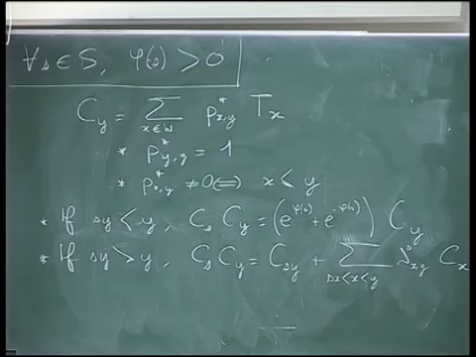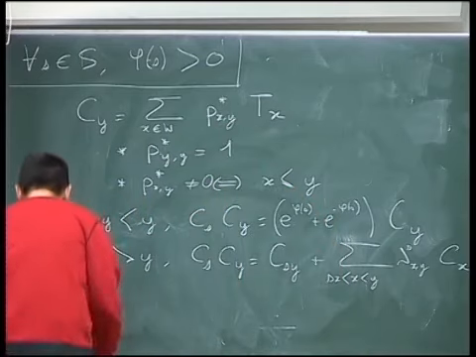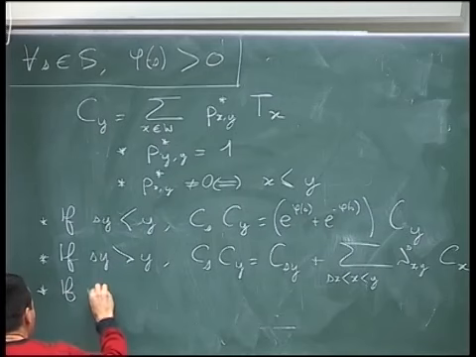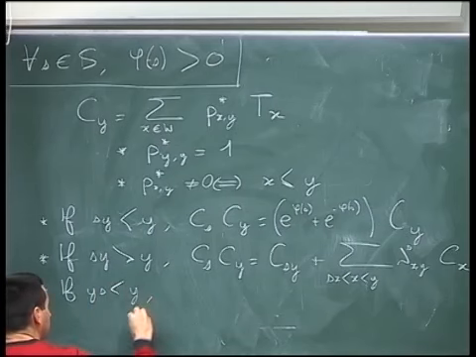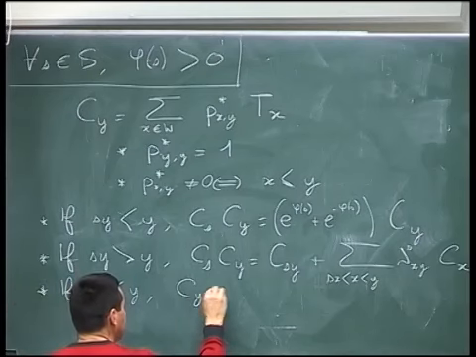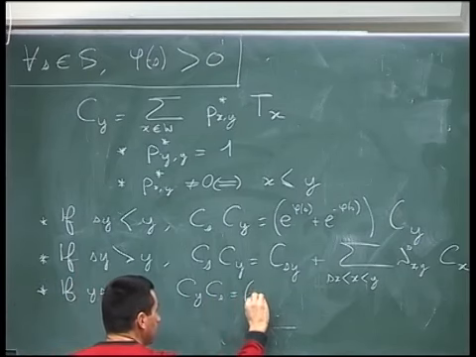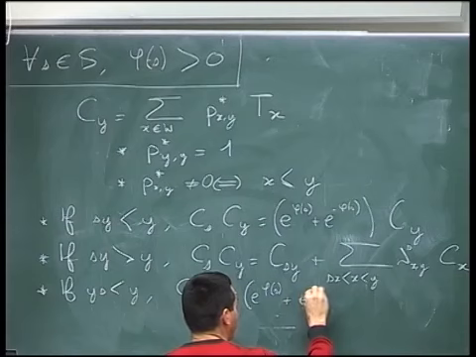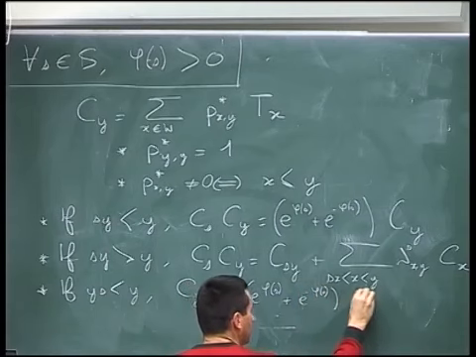Of course, we can do the same thing by using the multiplication on the right, and we obtain exactly the same kind of statement. So if ys is less than y, then C_y C_s is the exponential of phi of s plus the exponential of minus phi of s, times C_y.